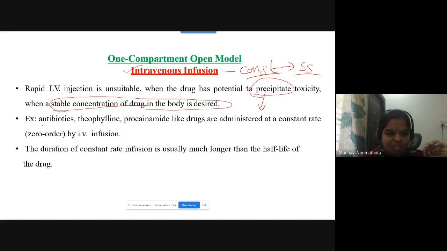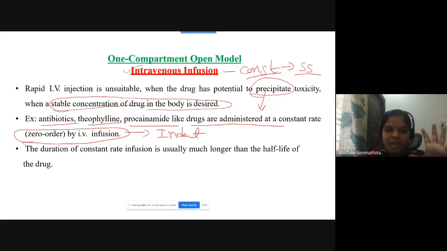Some examples like antibiotics, theophylline, procainamide are administered at a constant rate by zero order. What do you mean by zero order? It is concentration independent. Intravenous infusion follows zero order infusion. Do you remember that IV bolus follows first order elimination? So intravenous infusion follows zero order infusion.